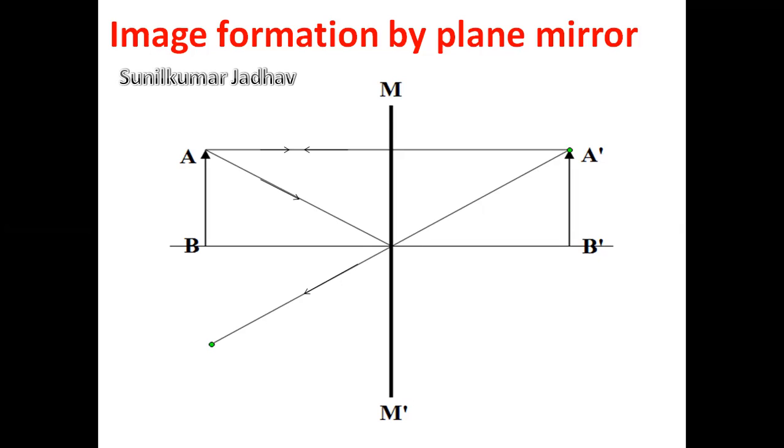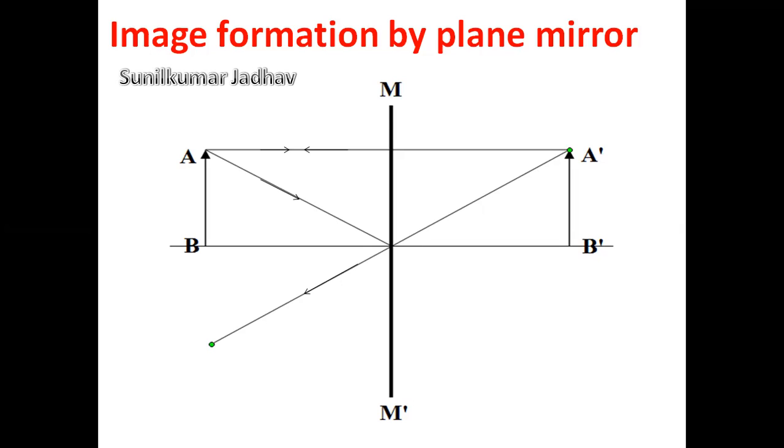That you can exactly see in the mirror. When you are standing in front of the plane mirror and you are trying to see your image inside the mirror, if you are standing at 5 meter distance from the mirror, your image is also the same inside the mirror at 5 meter. How can you measure?